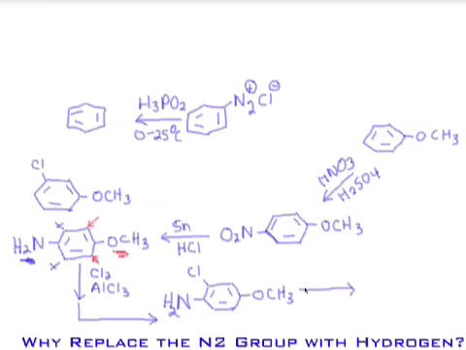Well, if I want to go to my final product, I make the diazonium salt. I hit this with sodium nitrite, and then I hit it with HCl, 0 to 5 degrees Celsius.